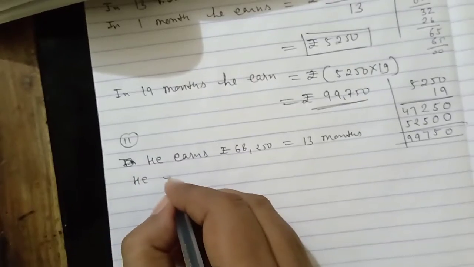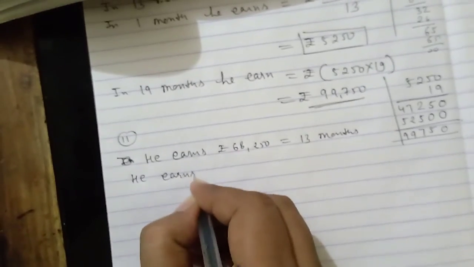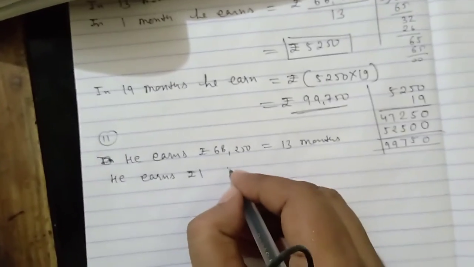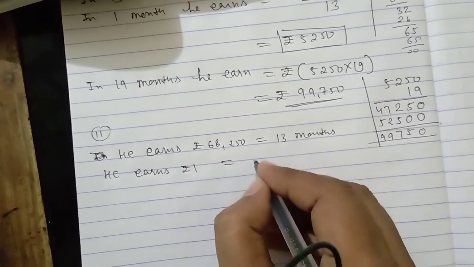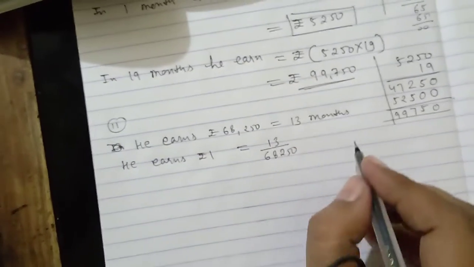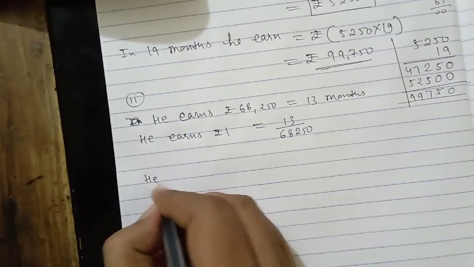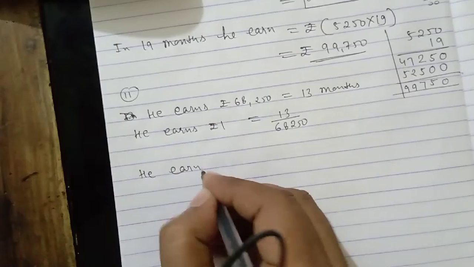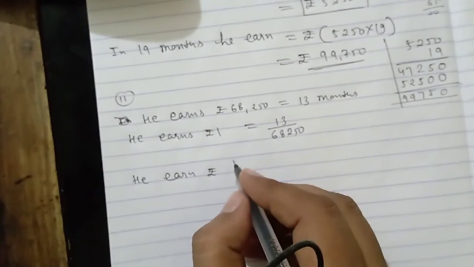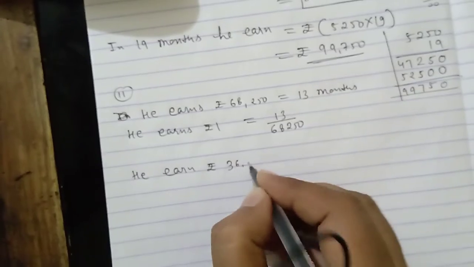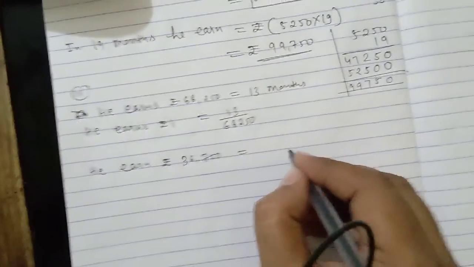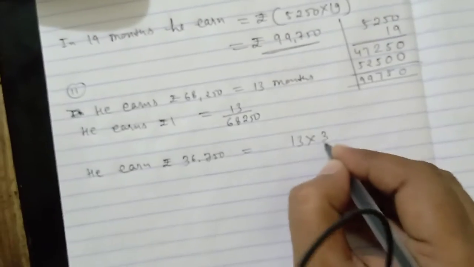So he earns rupees 1 is equal to 13 by 68250. Then the amount that has been given, he earns 36750 rupees. So writing this number this way.